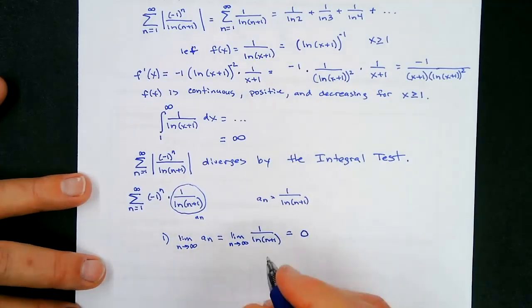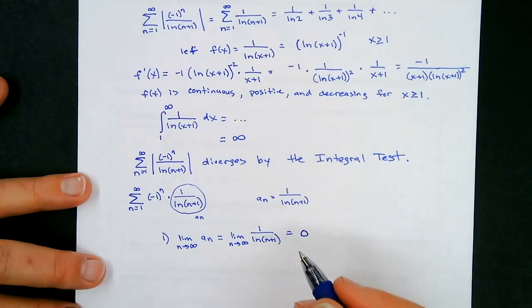All right. What about the terms? For n greater than or equal to 1, we have the natural log of 2, natural log of 3. Those are all positive values because the natural logarithm is greater than 0 for inputs greater than 1.